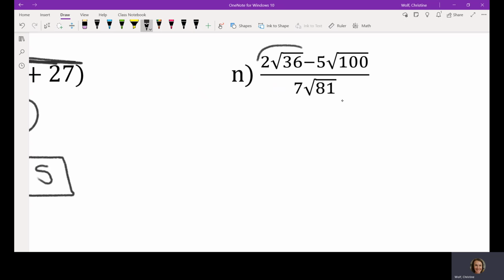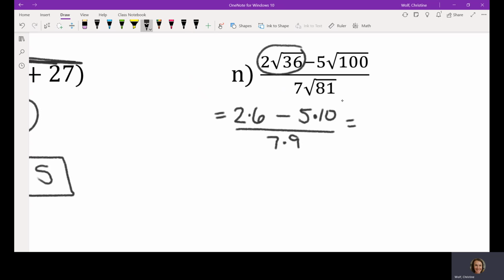But first, this guy right here, we need to clean him up a little bit. So this is really asking 2 times 6, right? Square root of 36. Minus this guy would actually be 5 times 10, square root of 100. And down low, this is actually 7 times 9.